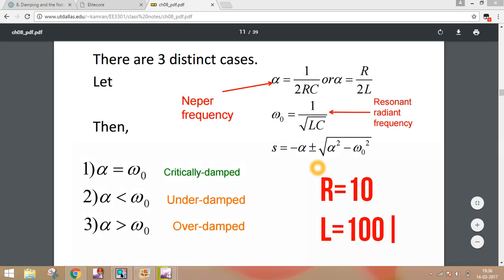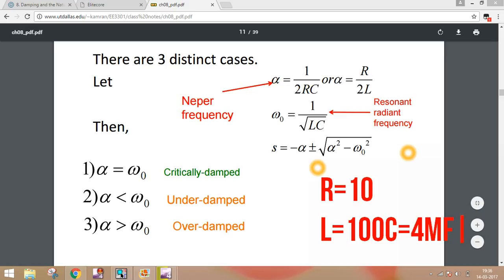then you get equation 1, that is alpha is equal to omega naught, which means R by 2L is equal to 1 by root over LC. Put this value R is equal to 10 and L is equal to 100, and you get the capacitor value, that is C is equal to 4 microfarad.